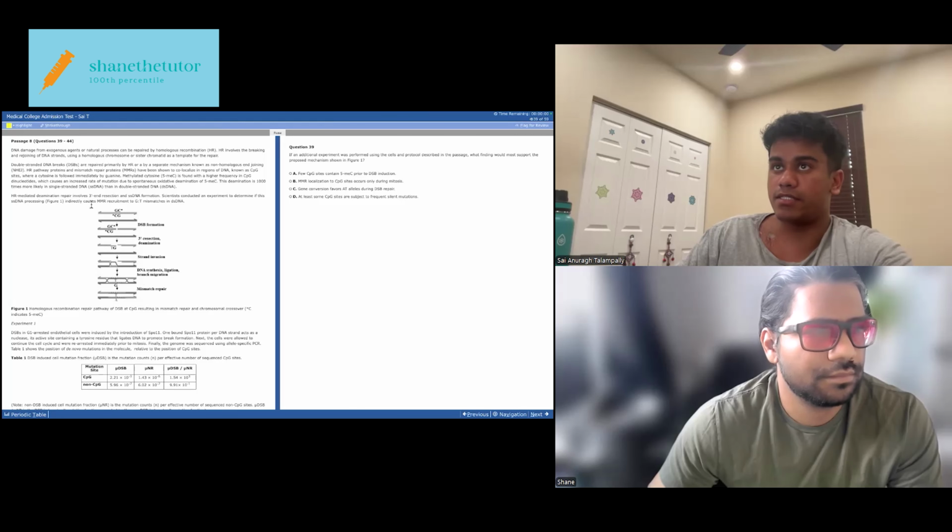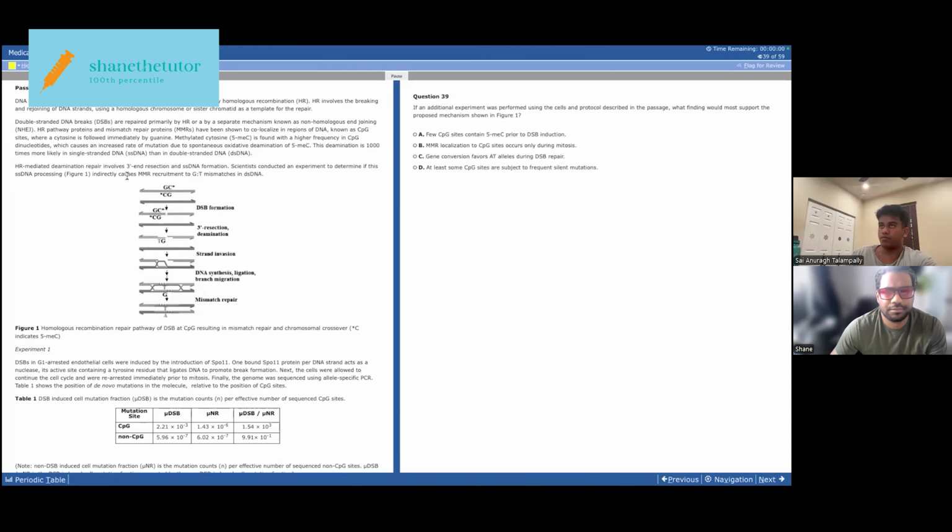Double-stranded DNA breaks are repaired primarily by HR or by a separate mechanism known as non-homologous end joining.